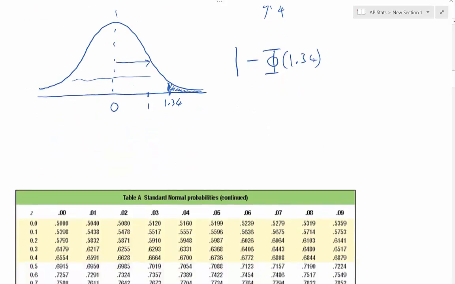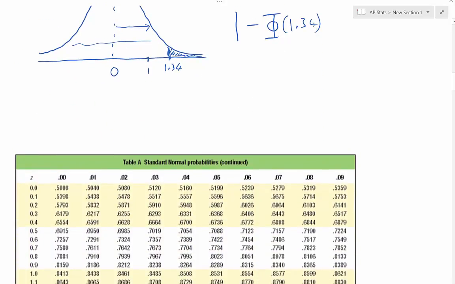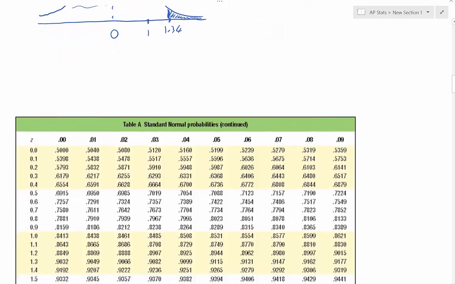Well, 1.34, that should be pretty easy. 1.3, read across to the 0.04 column, and I get 0.9099. So the answer is 1 minus 0.9099, which is 0.0901. Pretty straightforward.